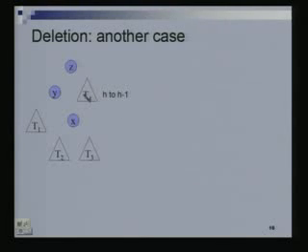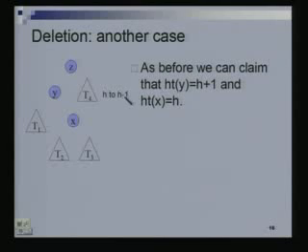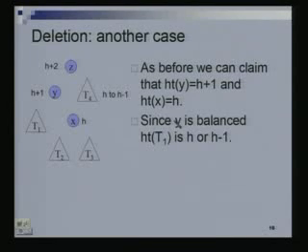So we argued that the height of Y is h plus 1, and the height of X is h, because X is the one which has larger height, and the height of Z is h plus 2 because the height of Y is h plus 1. And this is height h or h minus 1. Good. Now how about the height of T1? Y is balanced, so the height of T1 is either h or h minus 1.